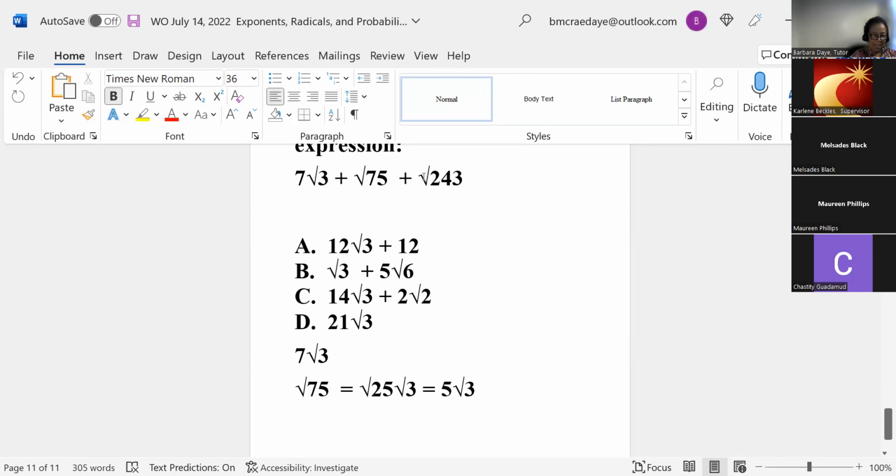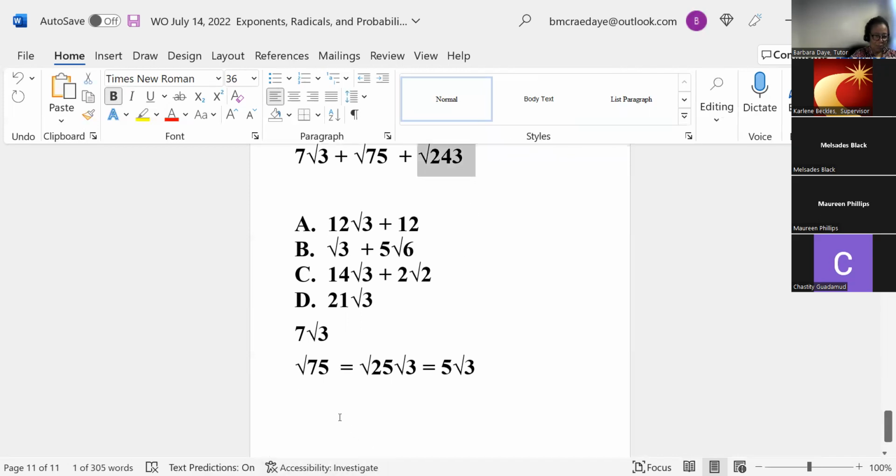Now let's go to our 243. All right, Maureen, what are the factors, one with a perfect square root? I divide 243 by 3, and then 81. That's right. So this would be 81.